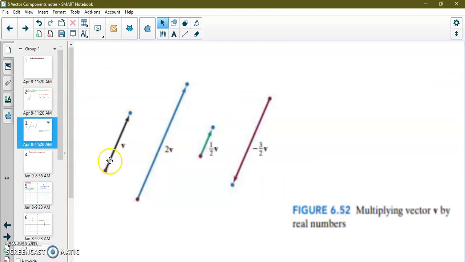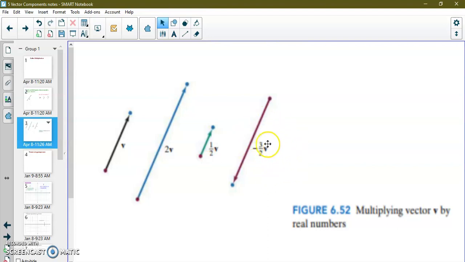Well, if we've got vector v right here, 2v, well, that kind of makes sense that we would be doubling our vector, so it still has the same direction, but the length is going to be twice as long. Similarly, if we take 1/2 of v, we're going to go the same direction as our original vector v, but now our magnitude, the length, is only going to be half the original length.